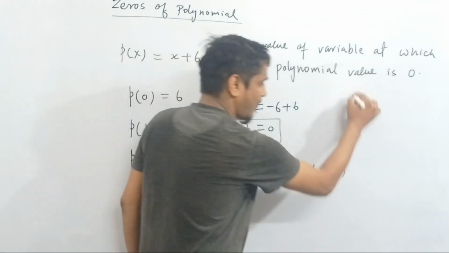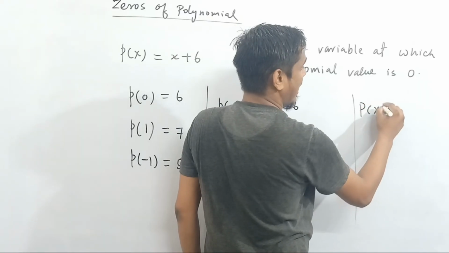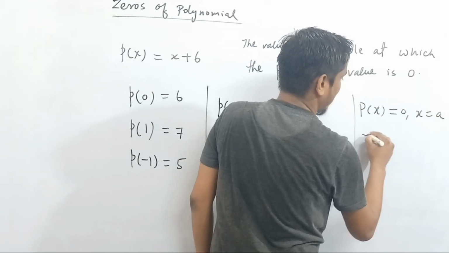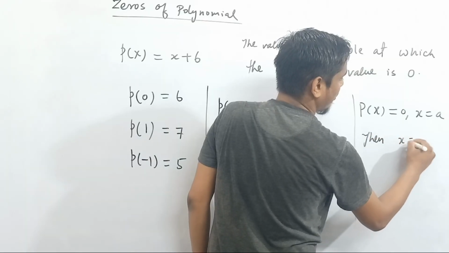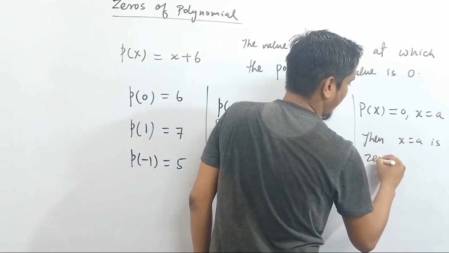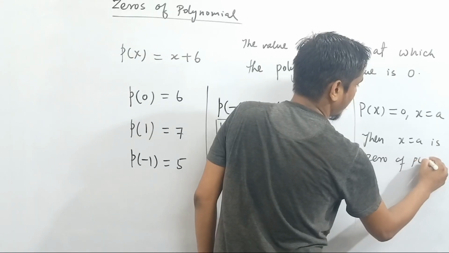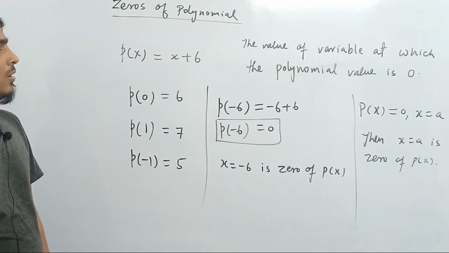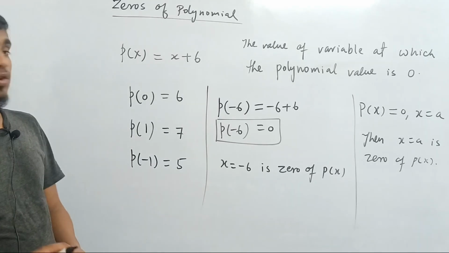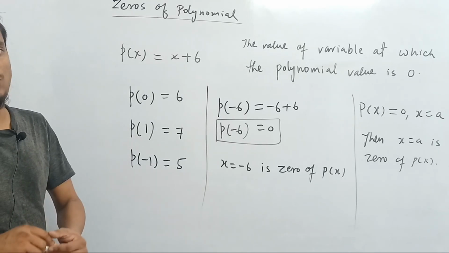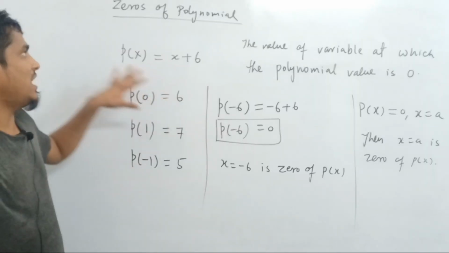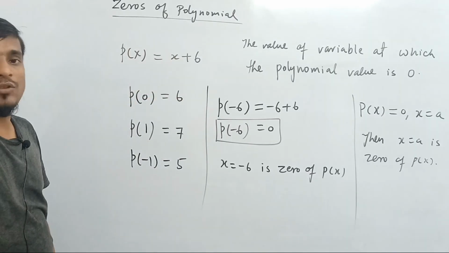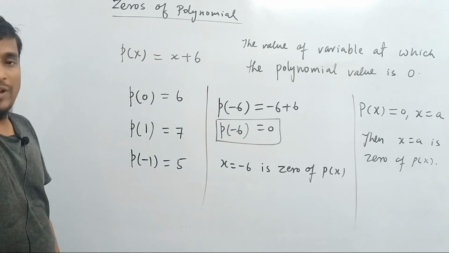If we have a polynomial p(x) and that p(x) is equal to 0 at x equal to a, then x equal to a is zero of p(x). So in order to find the zero of a given polynomial, we just need to equate p(x) equal to 0, and then solve the equation for the value of x.